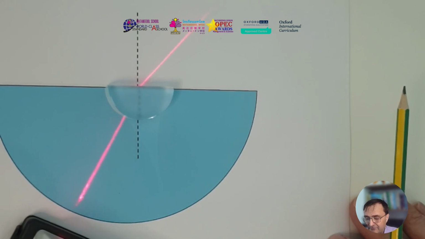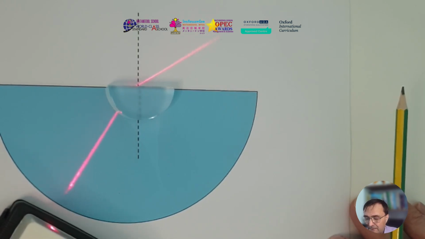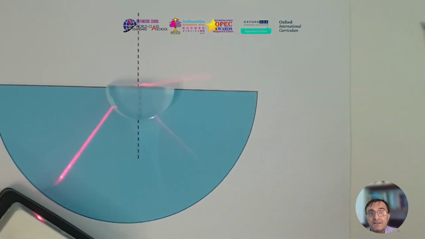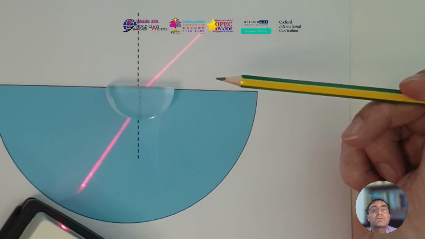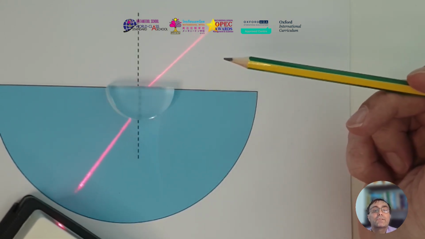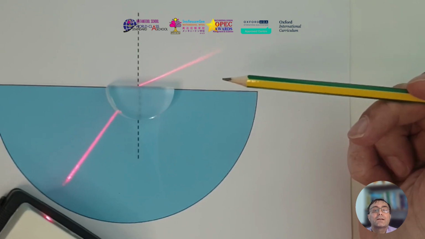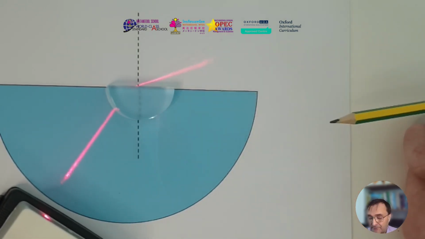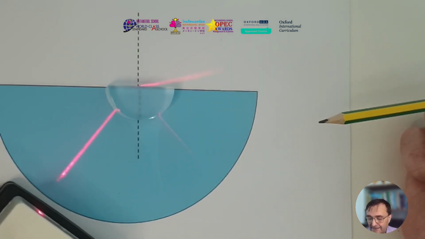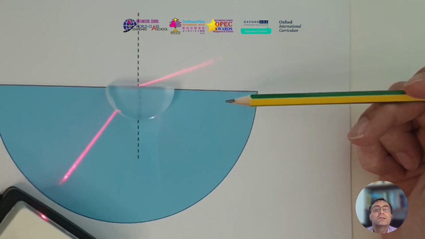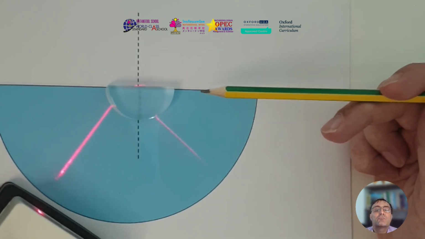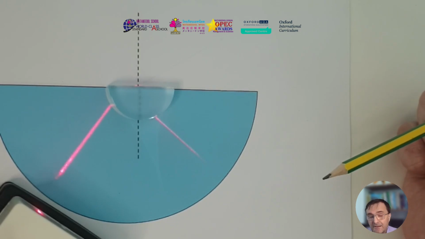If I move this round like this, you can see that the refracted ray gets slowly closer and closer and closer to the edge of the block. When I get to adjust the right angle, which is difficult, when it comes right along the edge of the block, we can call that the critical angle.